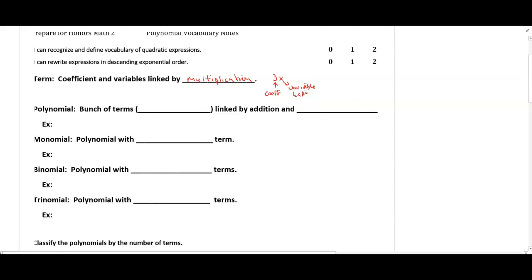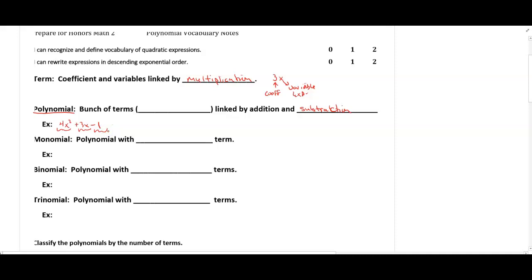Now, when we take a bunch of these terms and we link them together by addition and subtraction, what we get is a polynomial, right? And this is a bunch of terms linked by addition and subtraction. All right. So an example of this would be like 4x squared plus 3x minus 1. You have 1, 2, 3 terms.